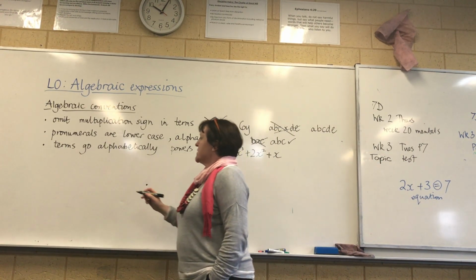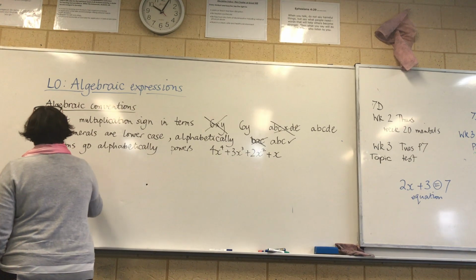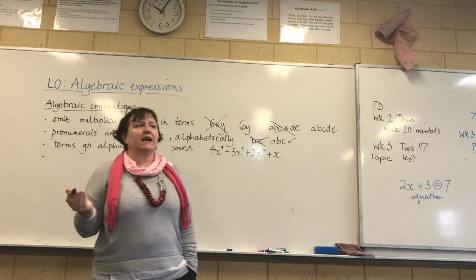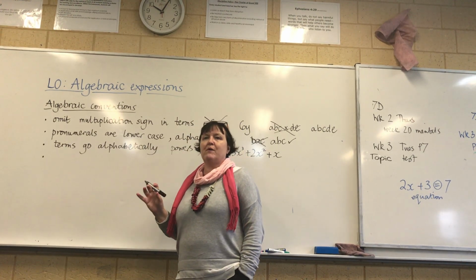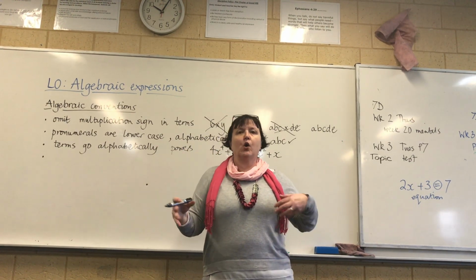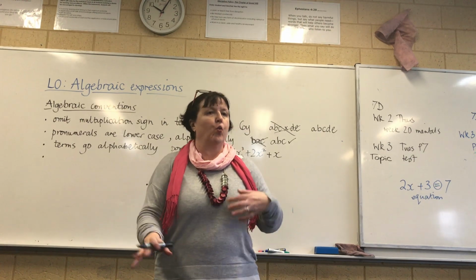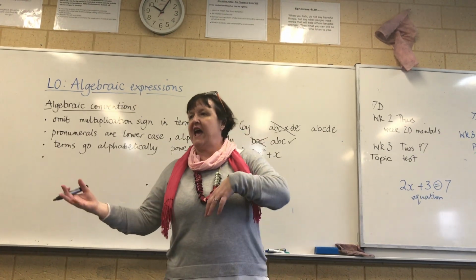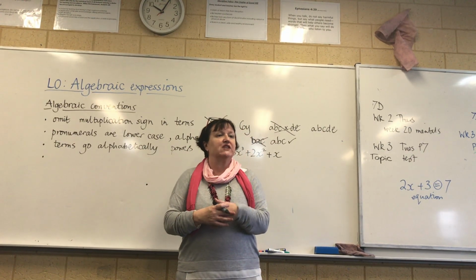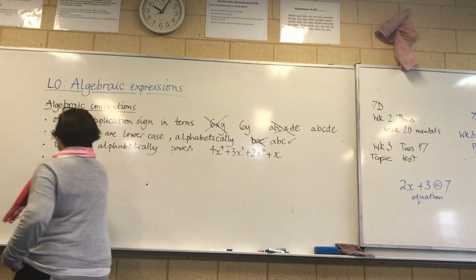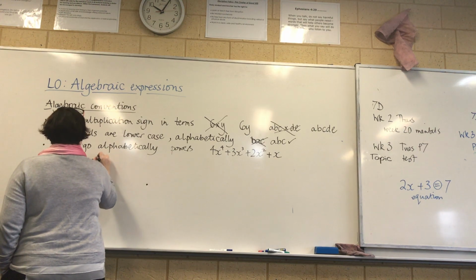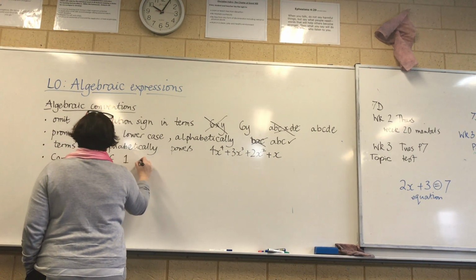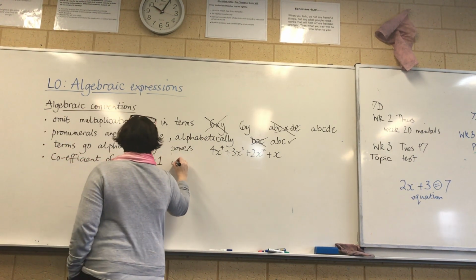Okay. So, what about coefficients? There's a rule about coefficients. If we've only got 1x, for instance, or 1y, or 1a, or 1b, what's the convention? We don't write it, that's right. So a coefficient of 1 or negative 1 is omitted.